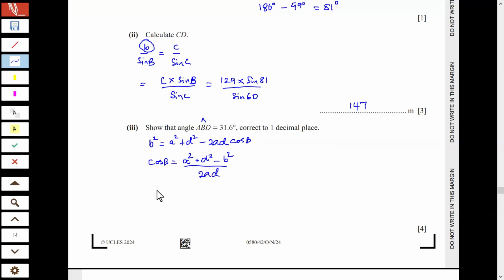So we can find B by taking the cos inverse of everything here.